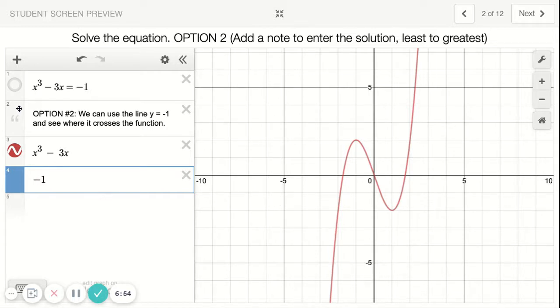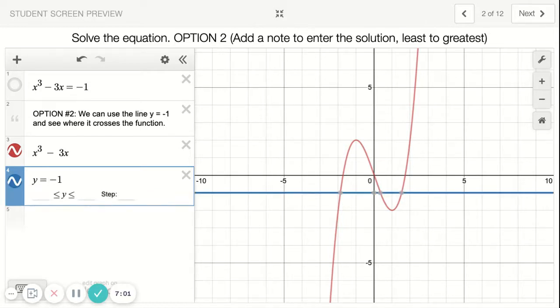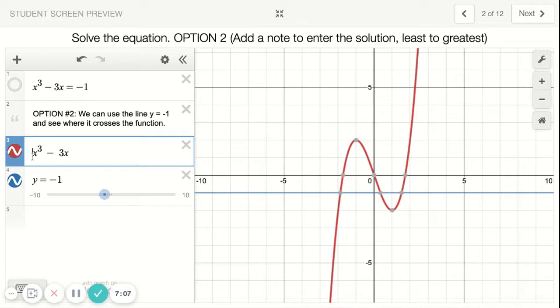That's why it tells us that we need to do y equals. So we put y equals in front to tell it this is a function, and then it will graph that. You can also do that on this one above. Nothing's going to change. But if it is just a number without a variable, it doesn't recognize what to do. So you have to put in y equals for constants.